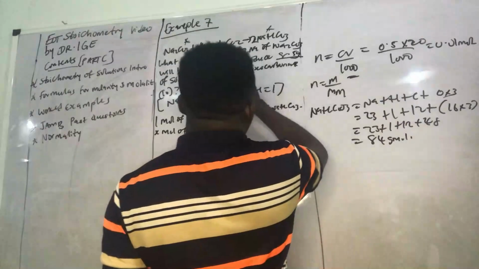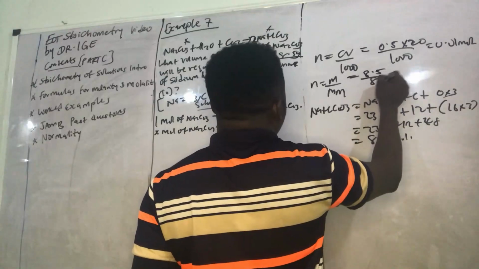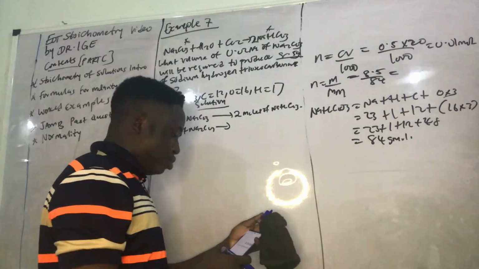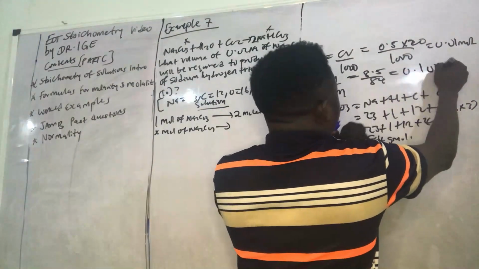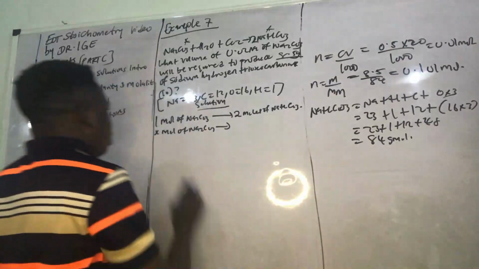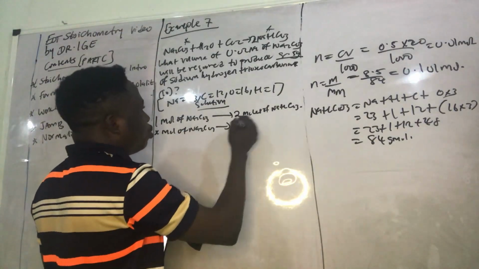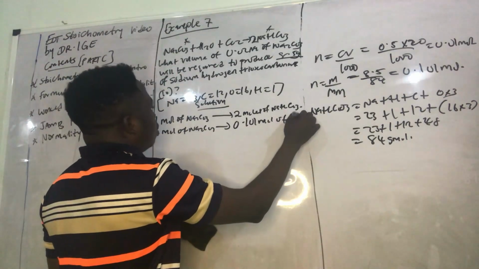So what is the mass given in the question? 8.5. 8.5 divided by 84. We have 0.101 mole of this guy. So x mole of Na2CO3 will now produce 0.101 mole of NaHCO3.